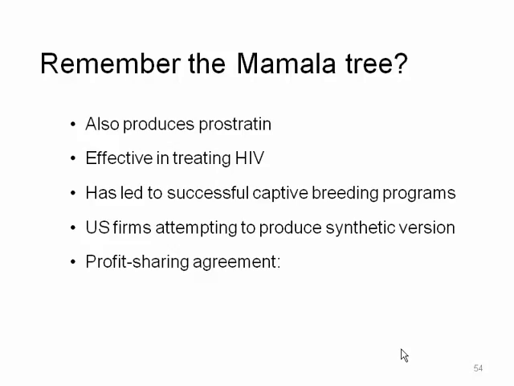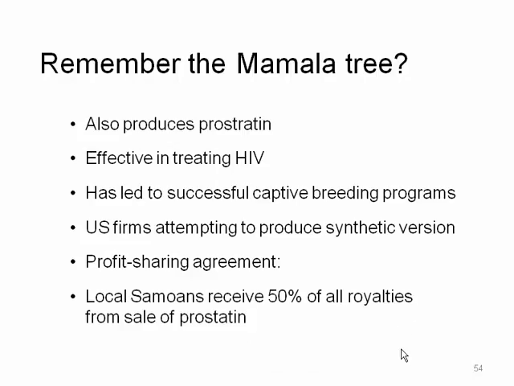And in order to make this work financially and to encourage protection of the tree within Samoa or in comparable places, there's the profit-sharing approach. The local communities receive 50% of all the royalties from the sale of prostratin through the pharmaceutical companies.